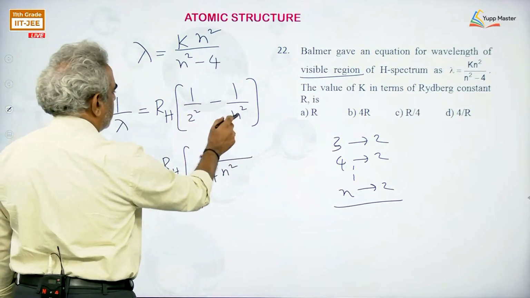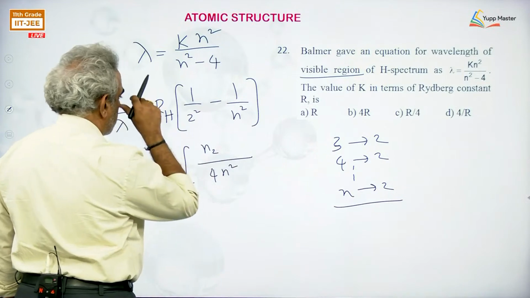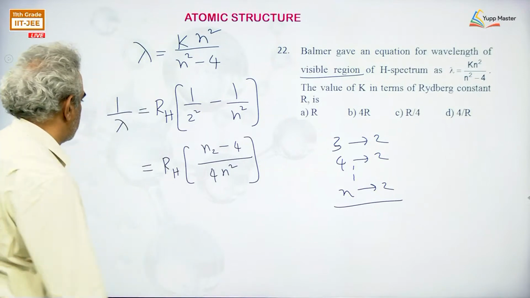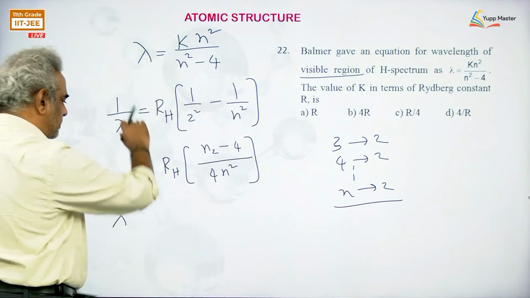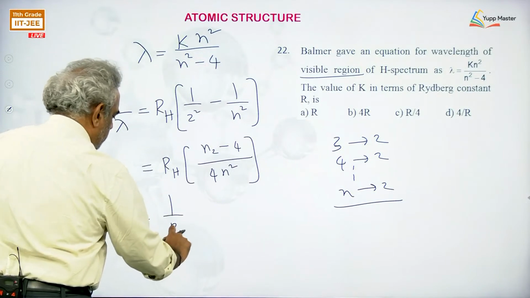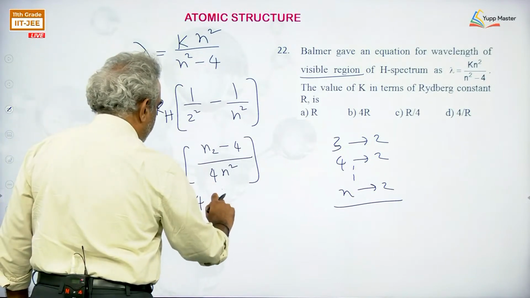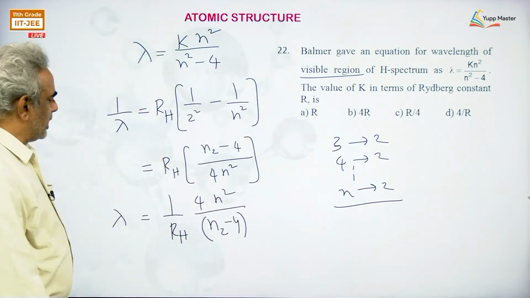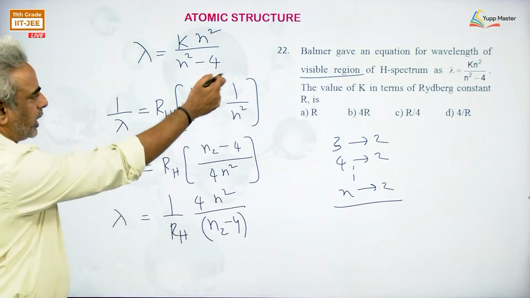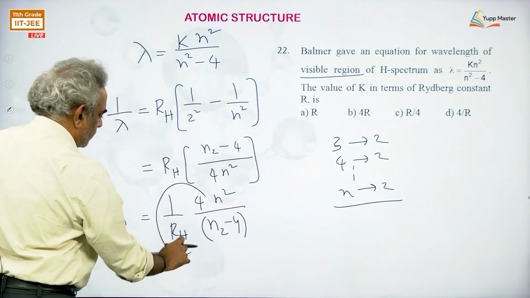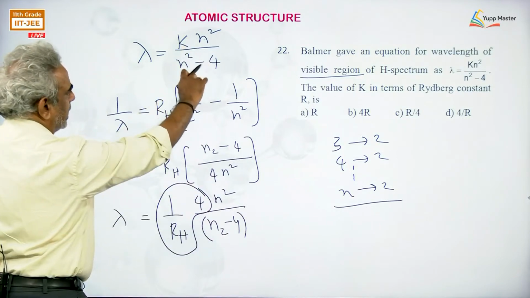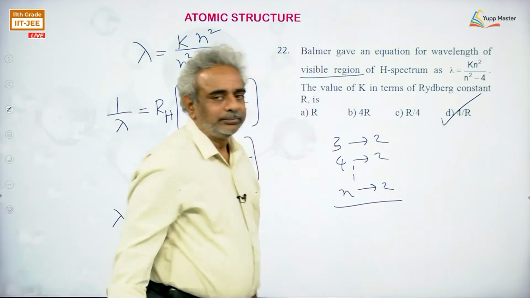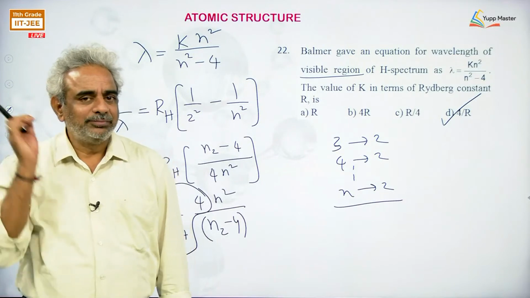And what can be subtracted here? n square minus 4. So, what will be lambda here now? Reverse this: 1 by RH into 4n square by n square minus 4. But he says some k n square. So, this is k, because n square by n square minus 4 he gave. So, what is k? 4 by RH. Just comparison of mathematical gimmicks.